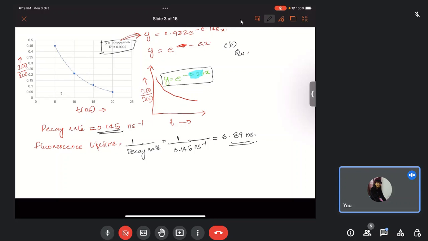The equation that connects these things: the quantum yield phi f is equal to kf times tau 0, where kf is the fluorescence rate constant. We have been asked to find the fluorescence rate constant, so kf is equal to phi f divided by tau 0.